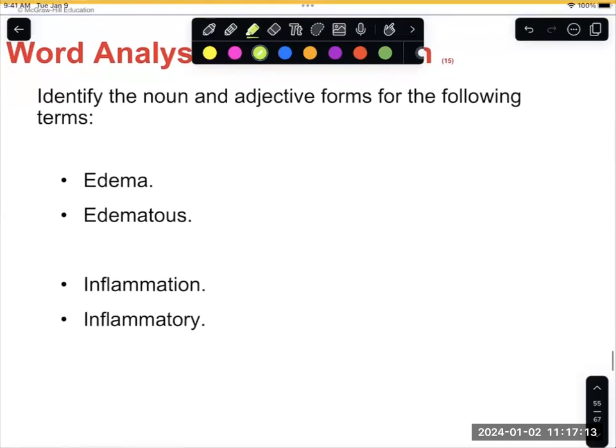A lot of times when you have burns, you're going to see edema. Edema means swelling. Edema is the noun, while edematous is the adjective.